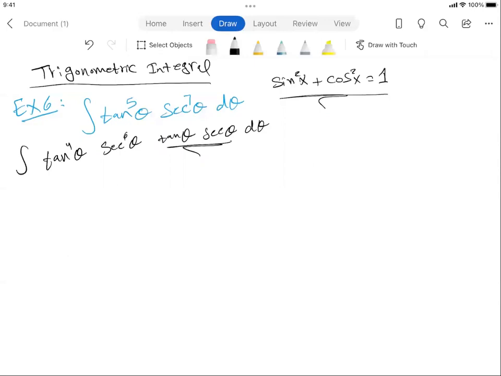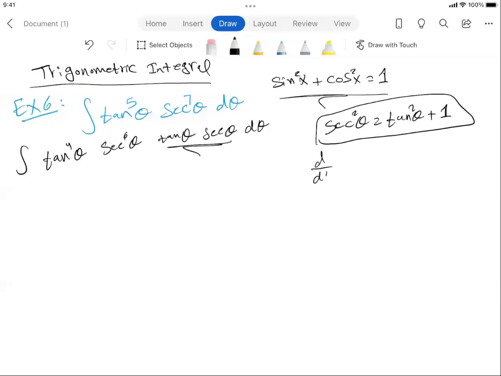And one more thing, let me remind you again of the trig identity that secant square of theta is tangent square of theta plus 1. And also d over d theta of secant of theta is secant of theta, tangent of theta. So we need these.